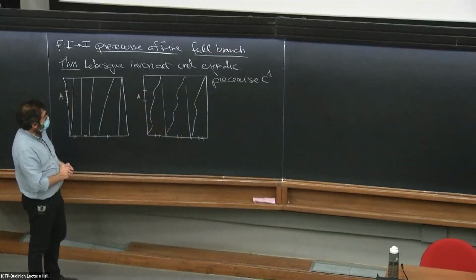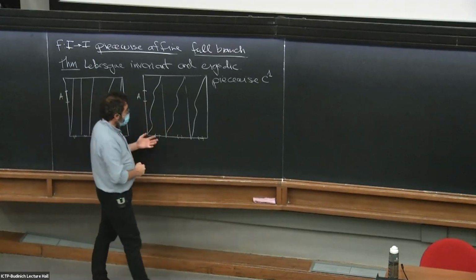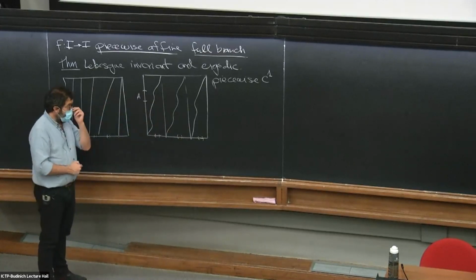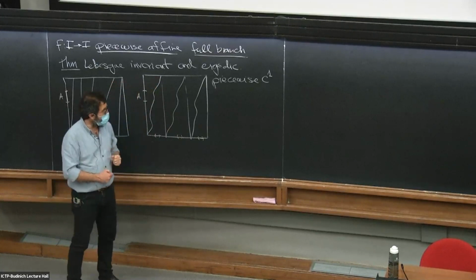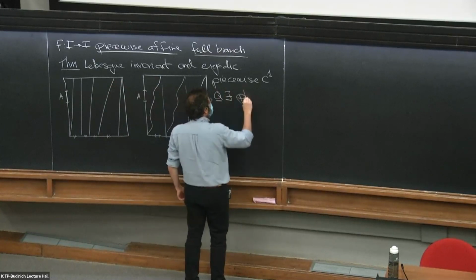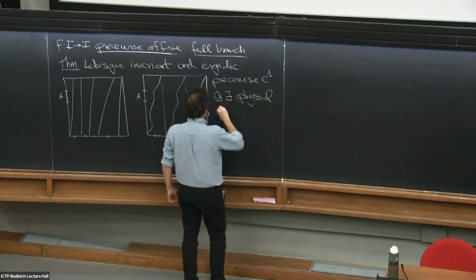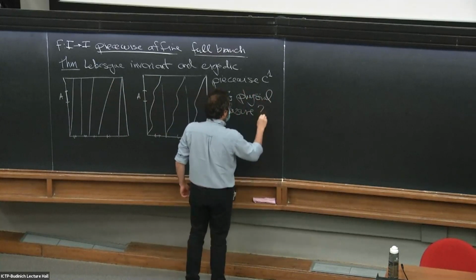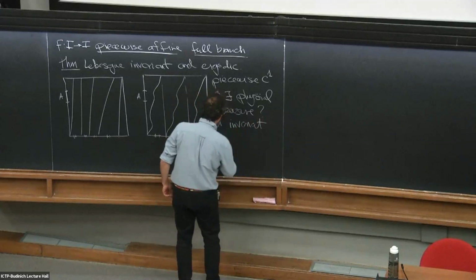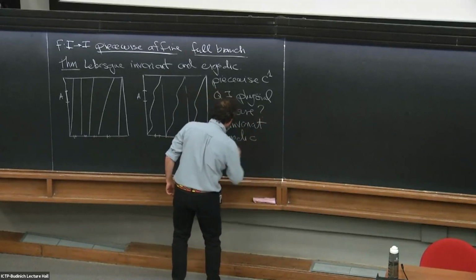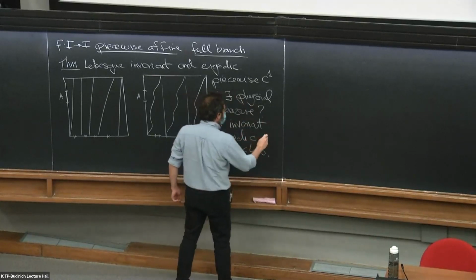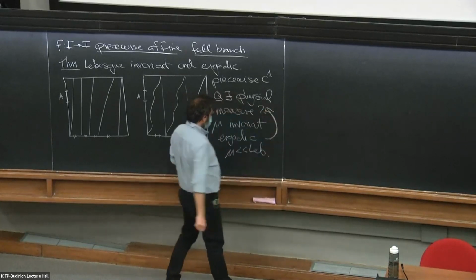One way to do this is to get a physical measure, and for this it is sufficient to get a measure mu that is invariant, ergodic, and absolutely continuous with respect to Lebesgue measure. If we have this, then this implies a physical measure.